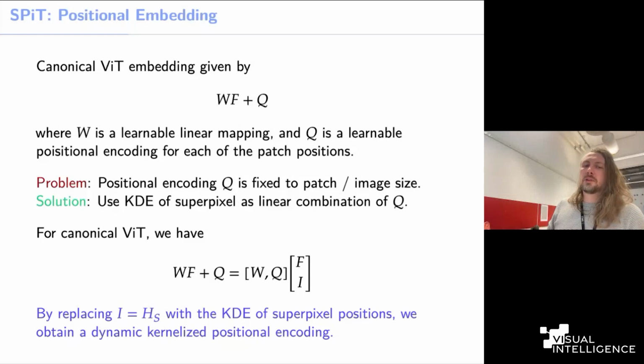But if we replace this with some H_S, which is the KDE of these superpixel positions in the image, interpolated, or essentially scaled, to some number of bins that corresponds with this Q, then we obtain this kind of dynamic kernelized positional encoding. In this first paper, we use a Gaussian KDE to do this. And we also show in this paper that this corresponds with the standard ViT positional encoding.